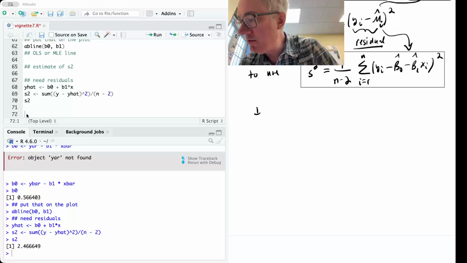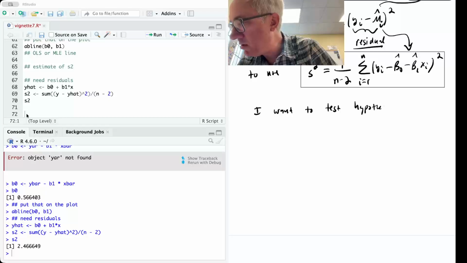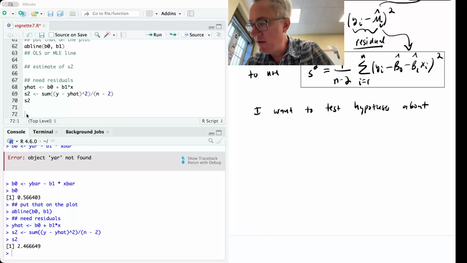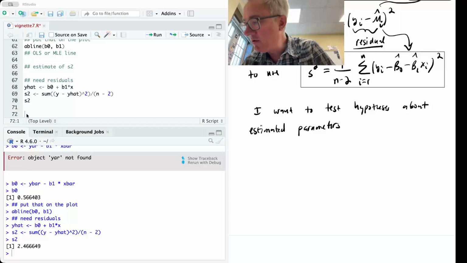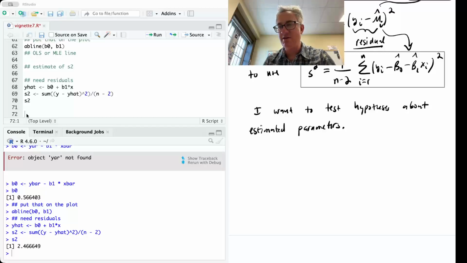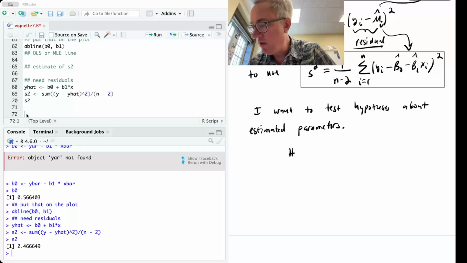I want to test hypotheses about the estimated parameters. So there are 3 parameters, so I could test hypotheses about each one. But the most important one, and the one that I'm going to focus on here, is the slope.